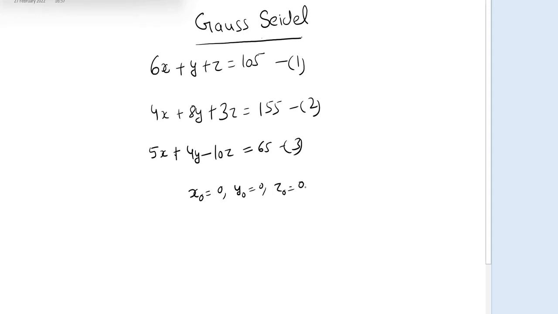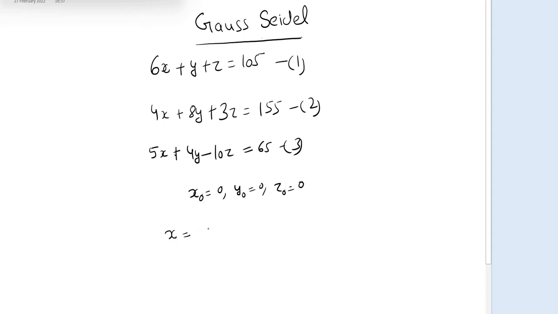The second step is to find all the variables x, y, and z in terms of the other variables from the given equations. x is found from the first equation, y from the second equation, and z from the third equation.